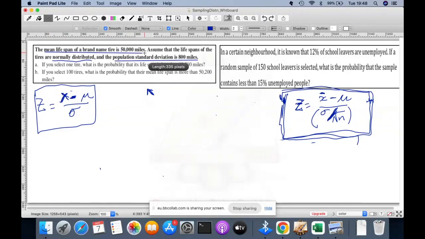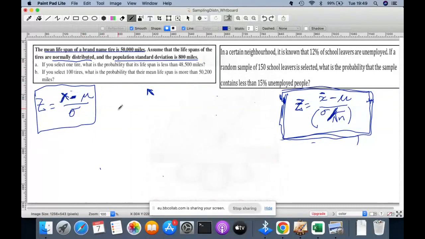Okay, so say you got this tire, maybe it could be Dunlop or Bridgestone or whatever, right? And what they find is that the mean lifespan, so basically your mu, the true average, is 50,000 miles. All right. And they say assume that the lifespans are normally distributed. Now, that part is important because that tells you that you can use this formula. If it's normally distributed, that means you can use this formula as well as this formula.